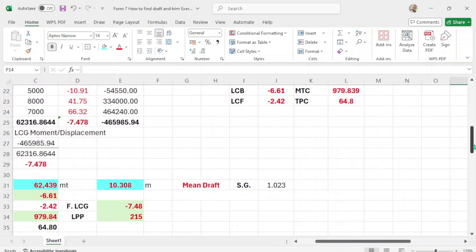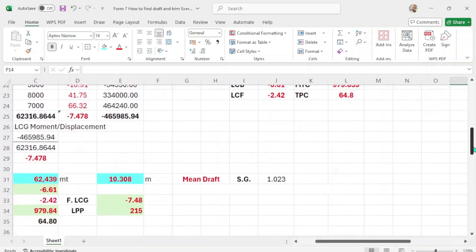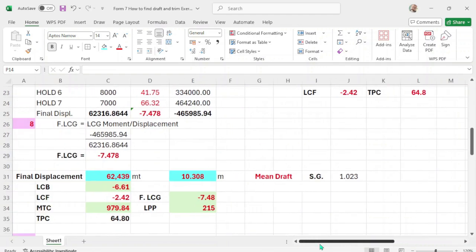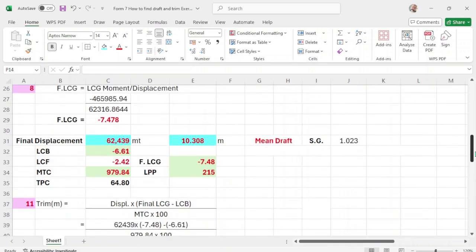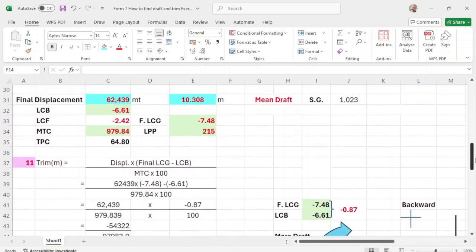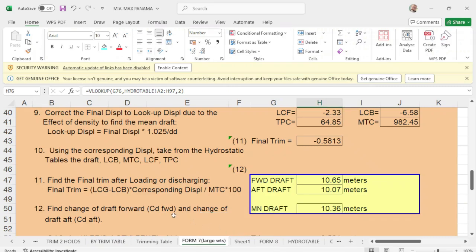Oh, number 11 is not here. To get the trim is displacement times final LCG minus LCB over MTC times 100, which is the same with this one.